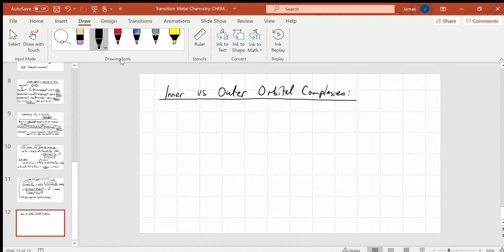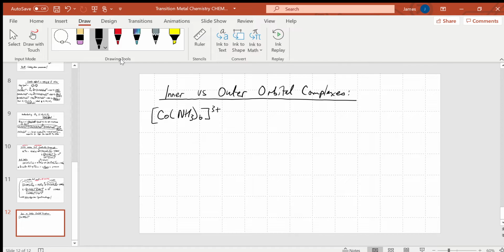Let's look at, I don't know if it matters which one we look at first, cobalt with 6 ammonia ligands and a 3+ charge.